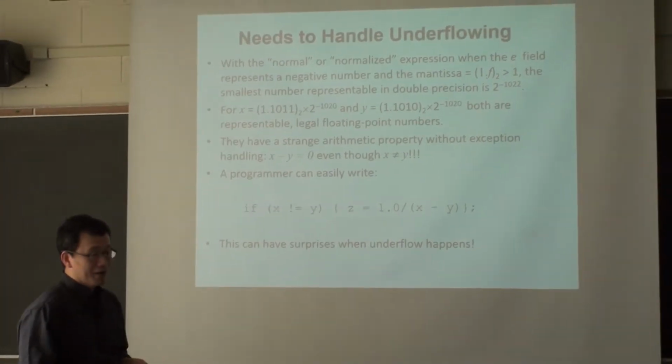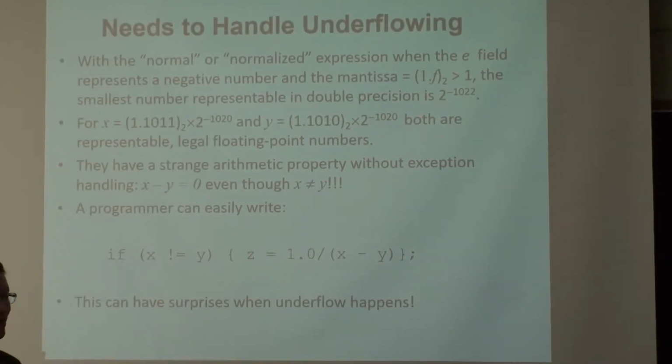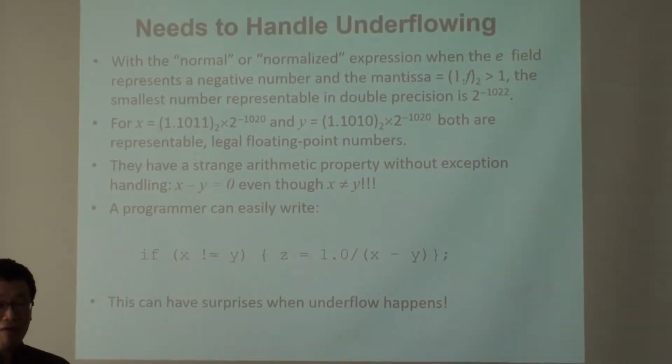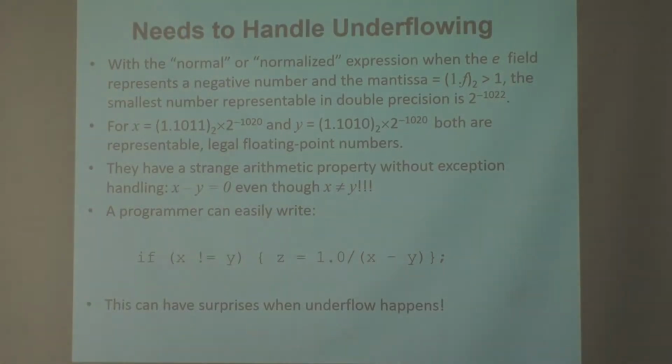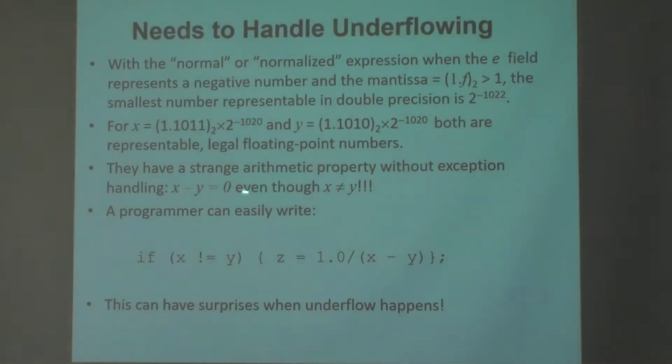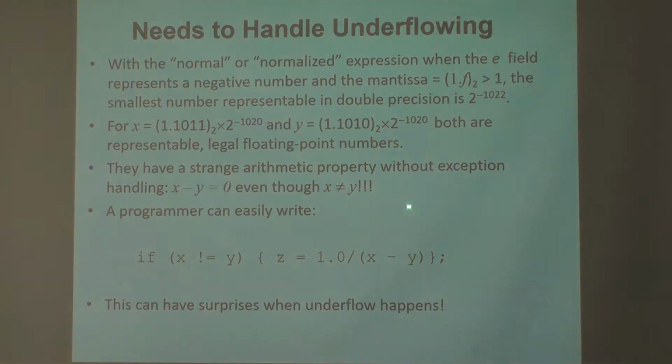Now let's think about what is underflow. Underflow is something that will happen in many calculations. If underflow happens and you don't handle it, then x minus y is equal to 0 when x is not equal to y.